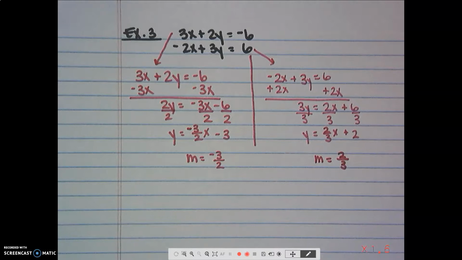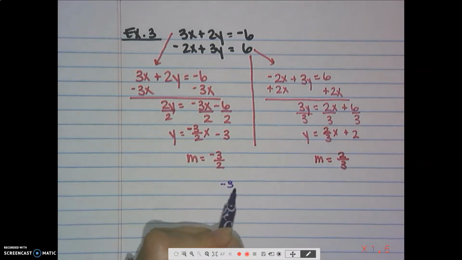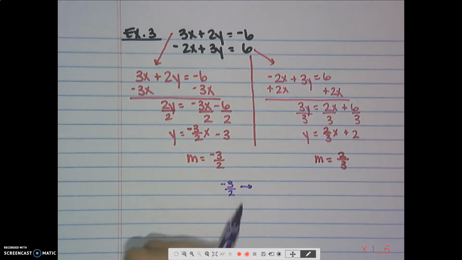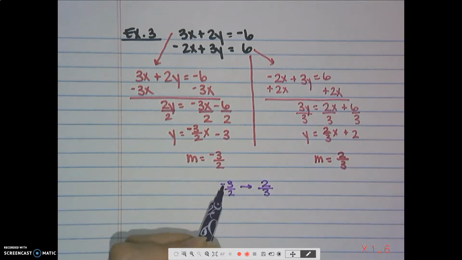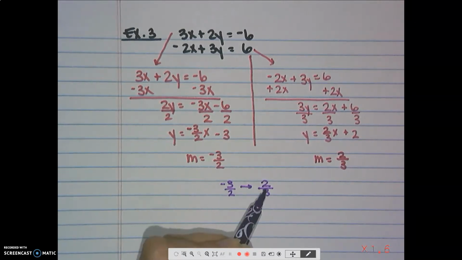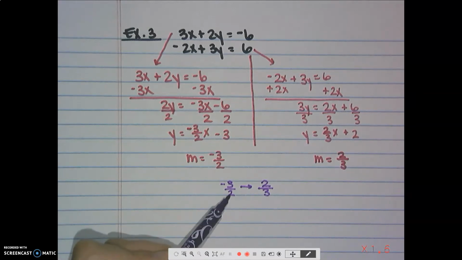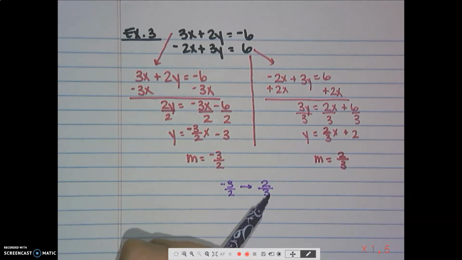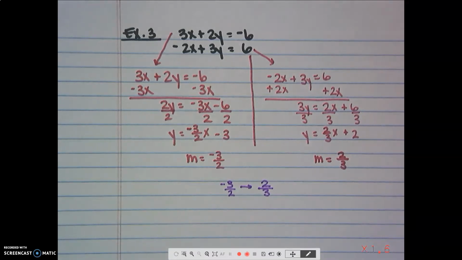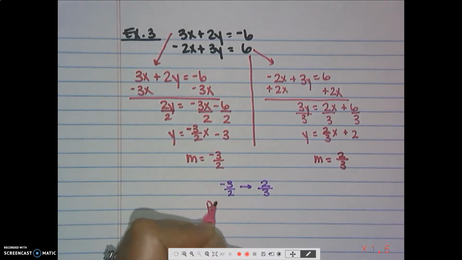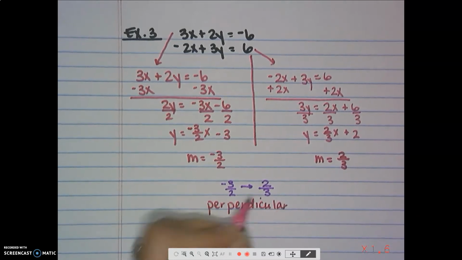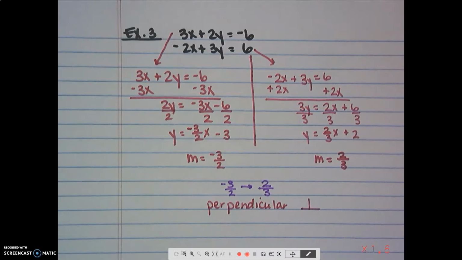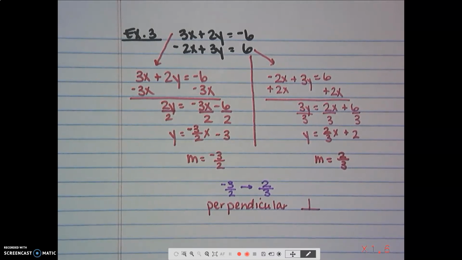All right, we know they are not parallel because those two are not the same. But if we take our -3/2 and we find the opposite reciprocal, so reciprocal means to flip it. Opposite means we had a negative, so we're going to make it be positive. So -3/2 would turn into 2/3 for a perpendicular line, which is what we have. So here we would answer perpendicular. And you could also use the symbol if you wanted for perpendicular as an upside down capital T.